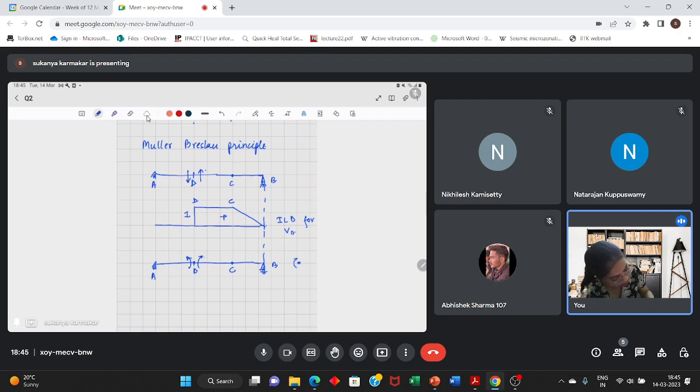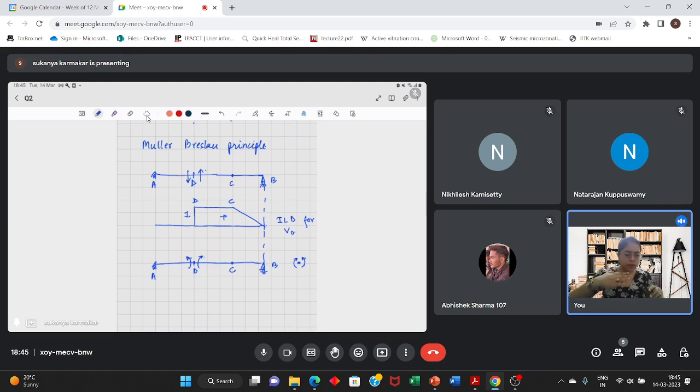So as per our sign convention, this is positive. This is the positive moment. So the beam will be equal and opposite in order to keep that point in equilibrium. So how can you rotate the beam at this point?